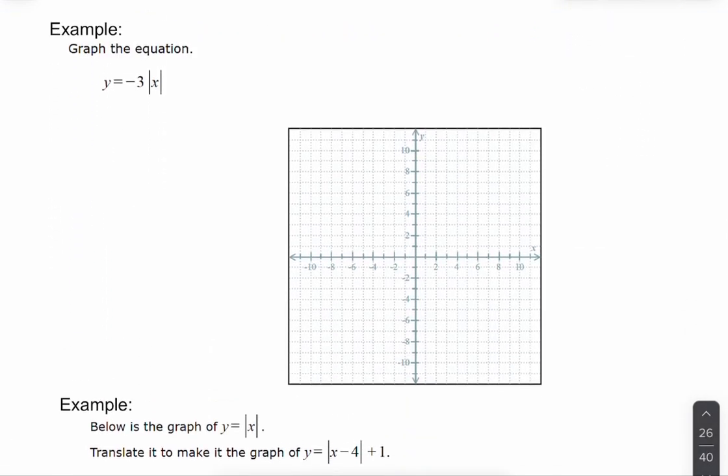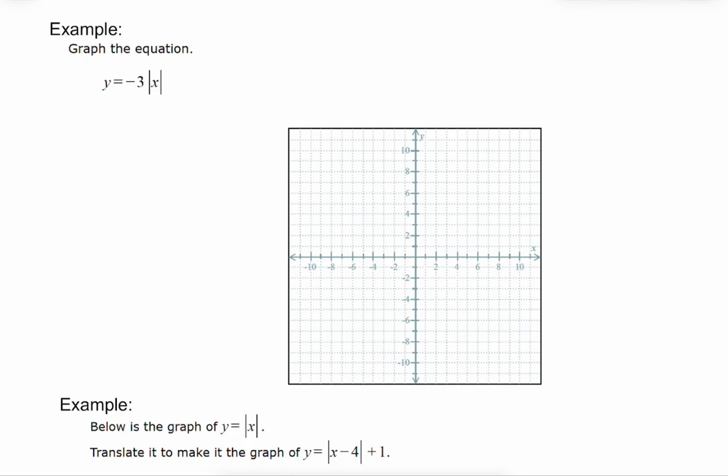Okay, so let's look at this one. What's interesting about that -3 out in front? The negative's job is to flip it upside down. We discussed that a little bit. What the 3 does is, normally it's the line perfectly slope of 1 or -1, depending on what side you're on. What that 3 does is it makes it steeper. So it changes the slope of the line of each side.